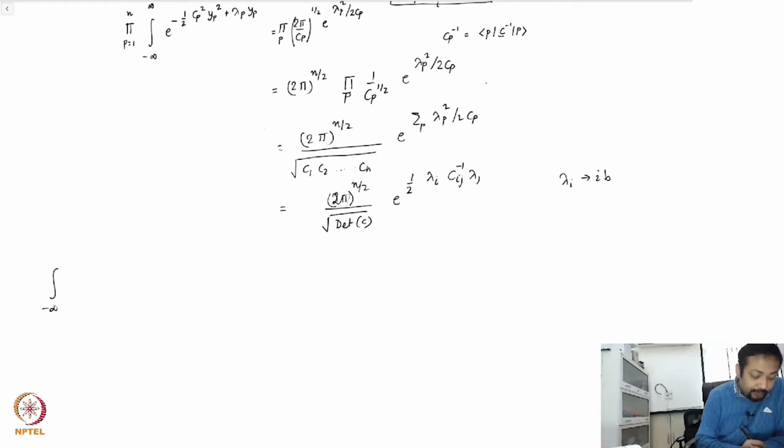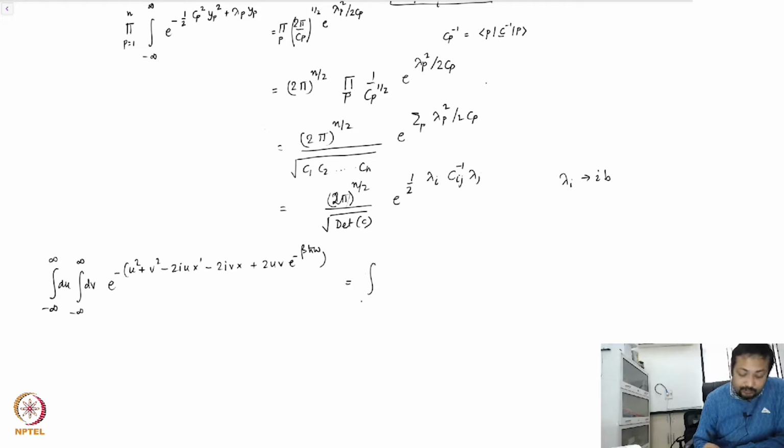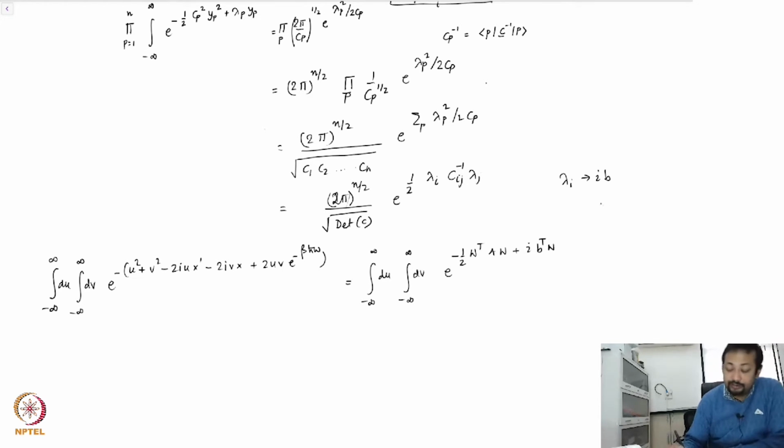So we have to now evaluate the integral from minus infinity to plus infinity du, minus infinity to plus infinity dv, e to the power minus u square plus v square, minus twice i u x prime, minus twice i v x, plus twice uv e to the power minus beta h bar omega, and this we said I can write down as the integral du dv e to the power minus half w transpose a w plus i b transpose times w, where we had written down the matrix.